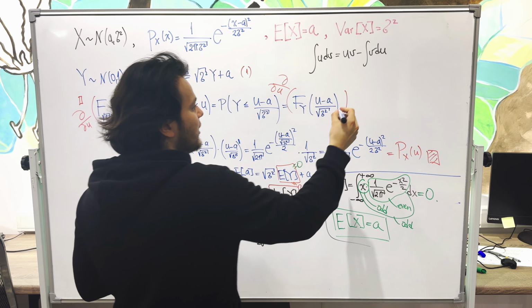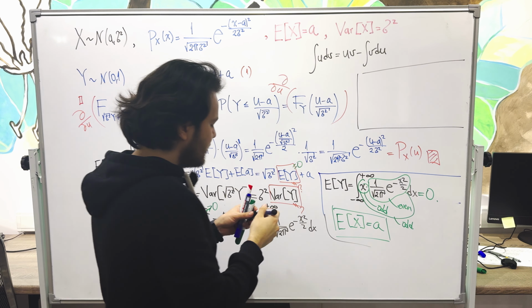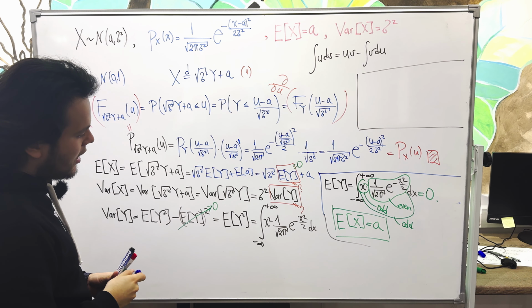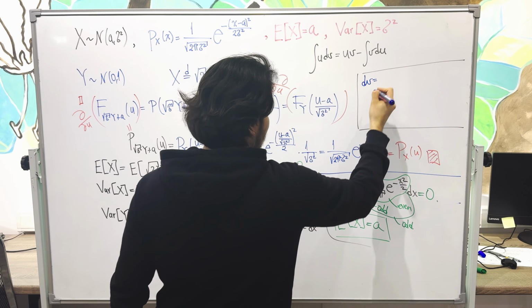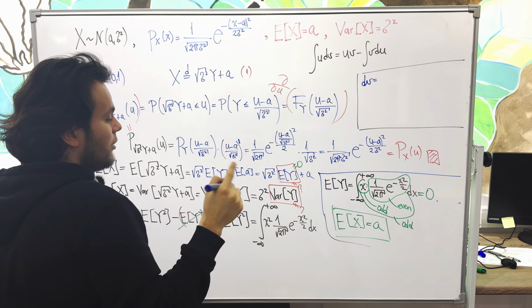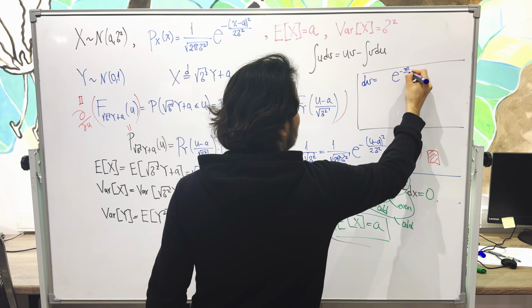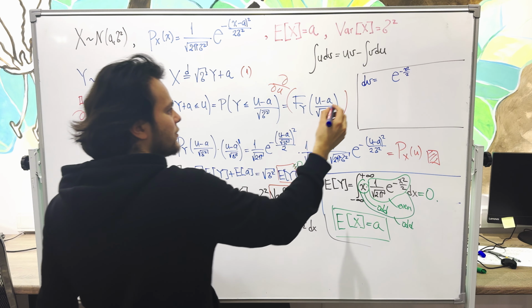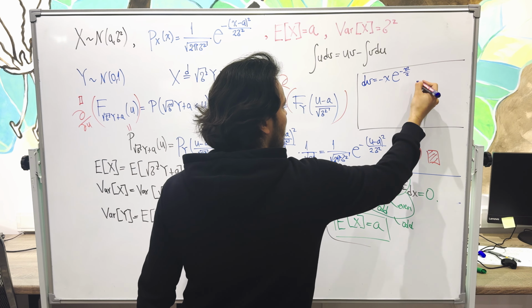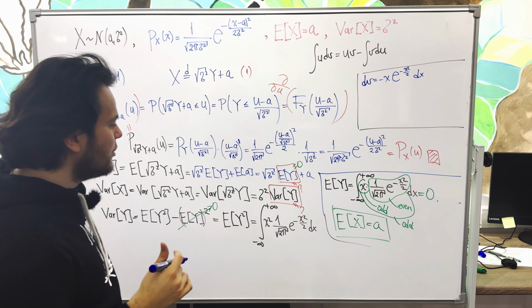So let me write this over here. We can see the following. First, dv is going to be e to the power minus x squared divided by 2, and then I need the derivative of minus x squared divided by 2, so minus x. So we have minus x and dx. So this is going to be dv. Now, what is going to be u?